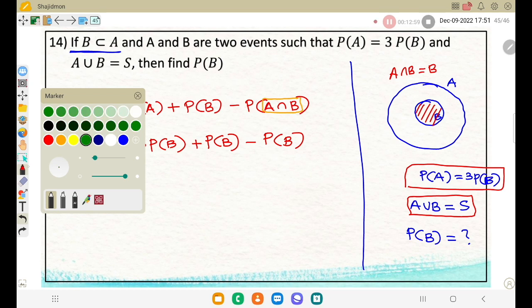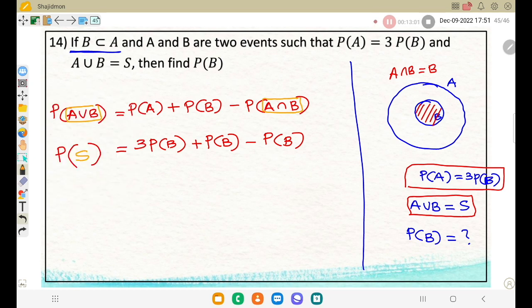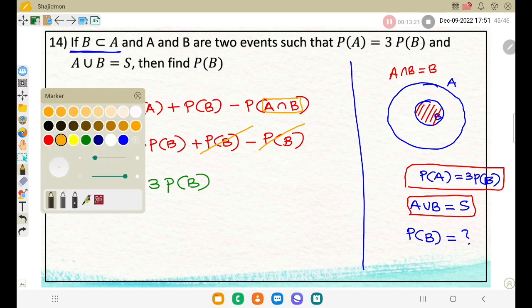Now here what term can we cancel? Plus the probability of B minus the probability of B cancel. So what is the balance? The probability of S equals 3 times the probability of B, correct? Now what is the probability of a sample space we studied? The probability of S means 1, correct?